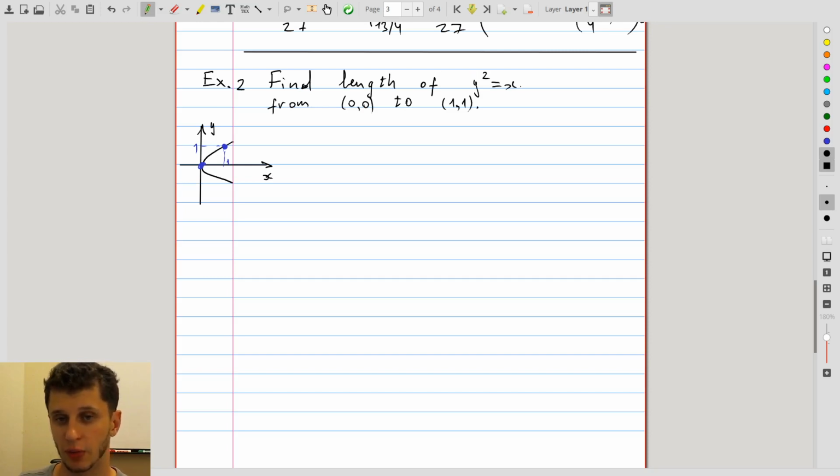We have to find the length of y squared equals x from 0 to 1, 1. So this is the picture. We have, again, a two-branched curve, and we're looking at its piece, like so.